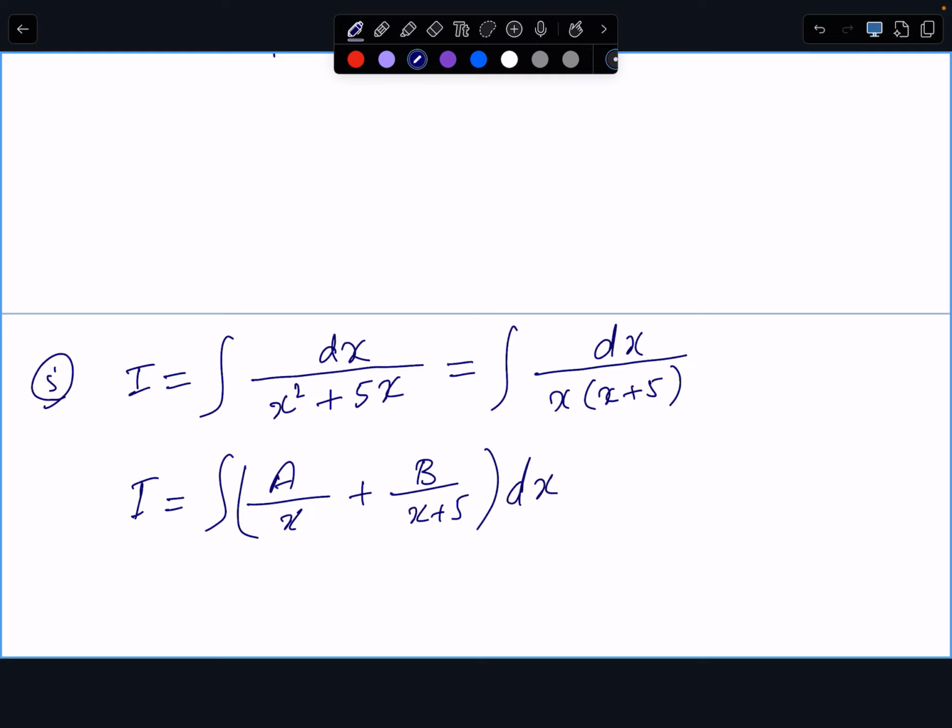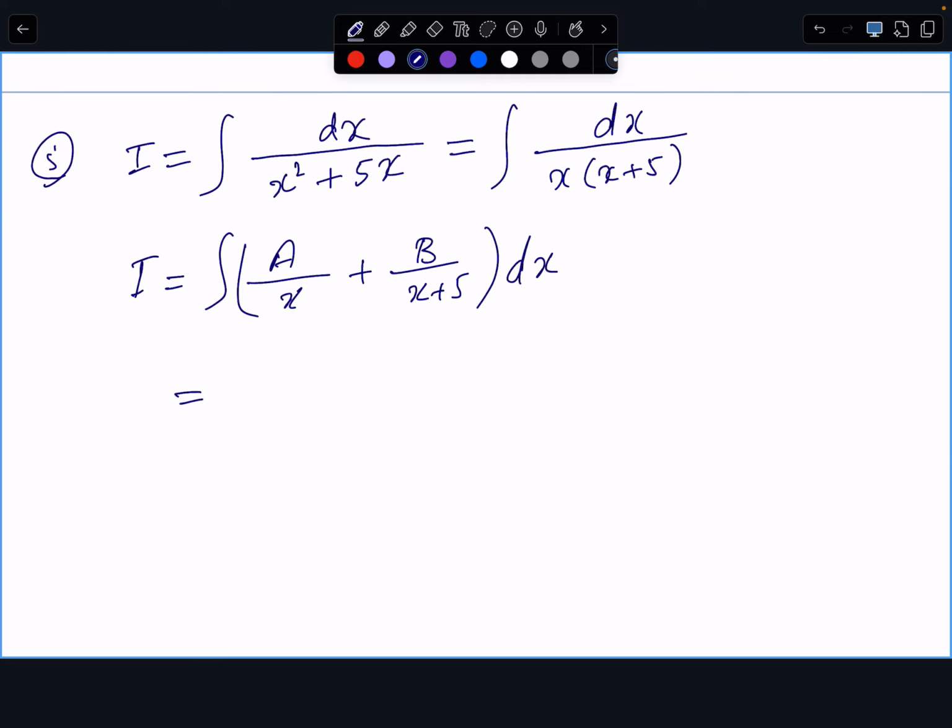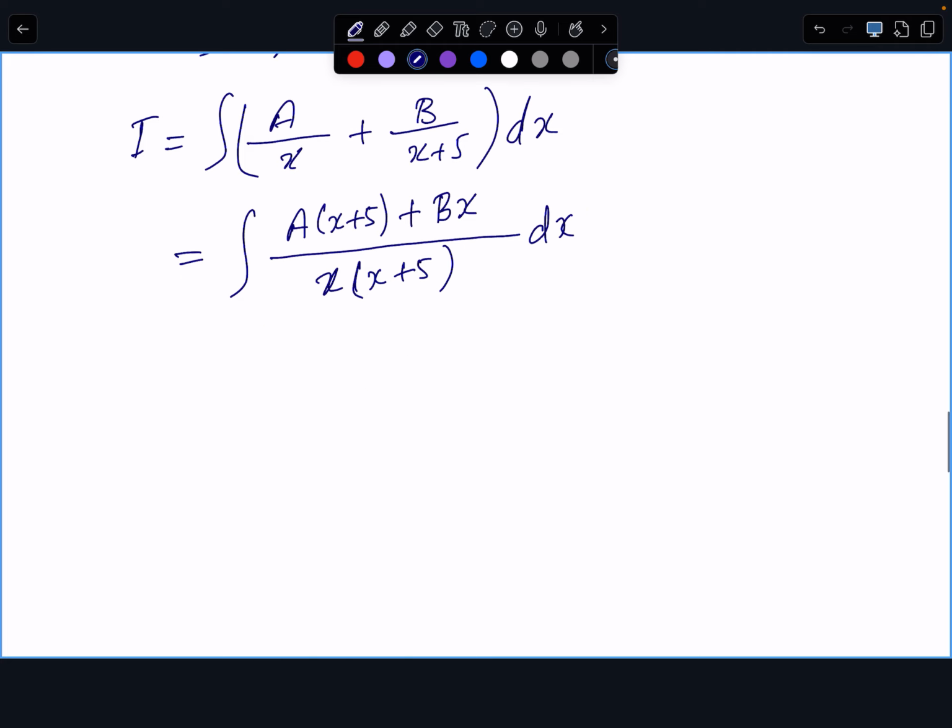And then we're going to have integral of A times x plus 5 dx. Is it clear, guys? A times x plus 5 plus Bx equals just 1. So above, what do we have? Just 1 dx.